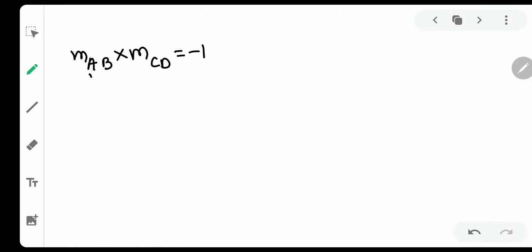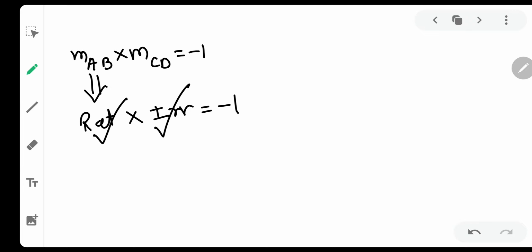But mAB is rational and mCD is irrational. Now tell me, can a rational number into an irrational number be minus 1? Is it possible? It's totally not possible.